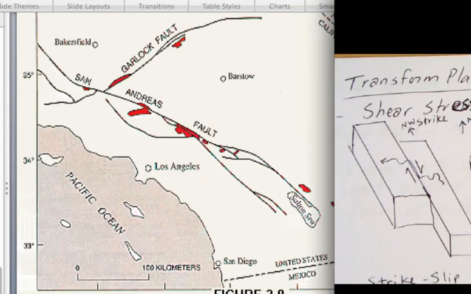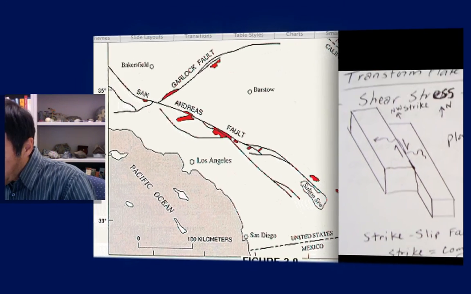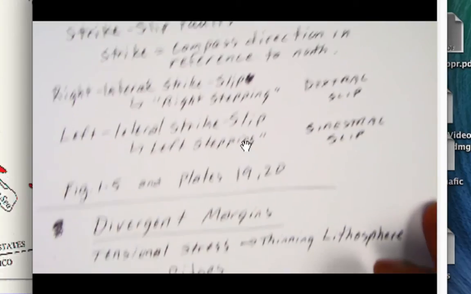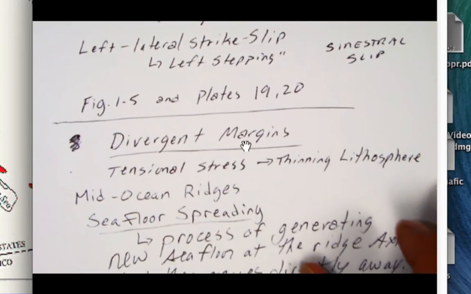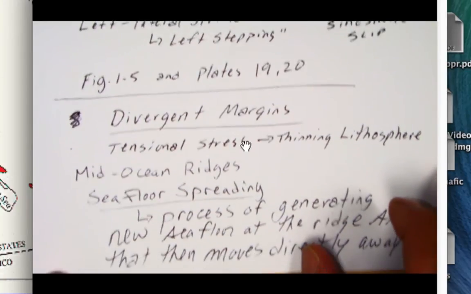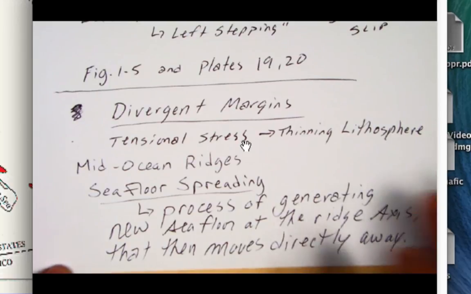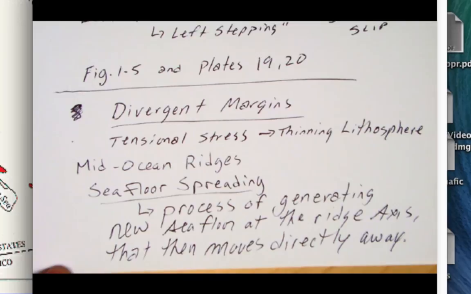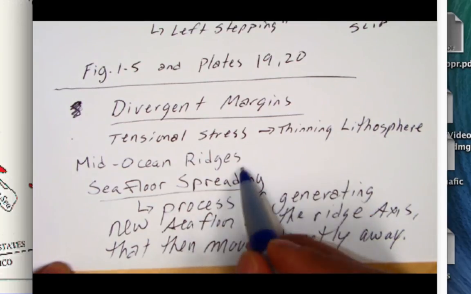All right, now let's look at divergent margins, right? So a divergent margin involves tensional stress, and the lithosphere will be thinning because you're pulling apart, right? You're pulling it apart, and these divergent margins are common to mid-oceanic ridges.